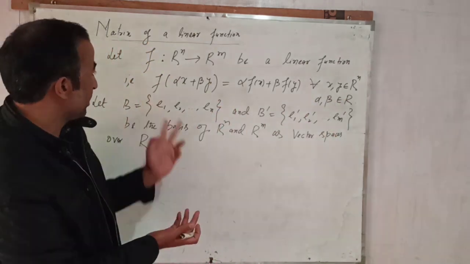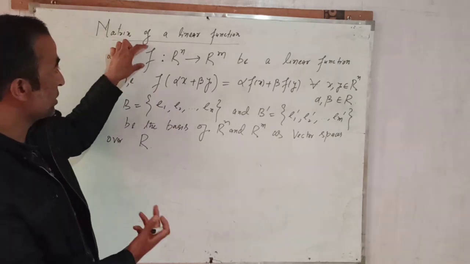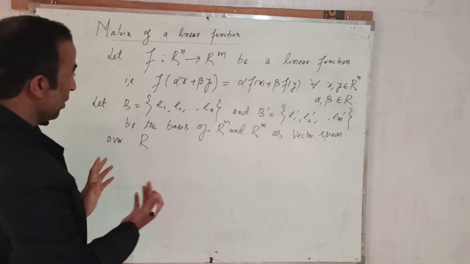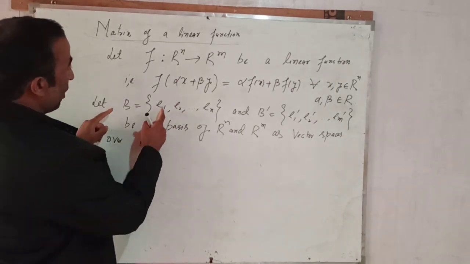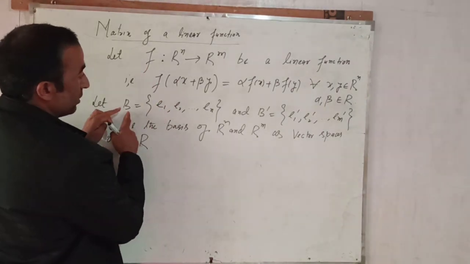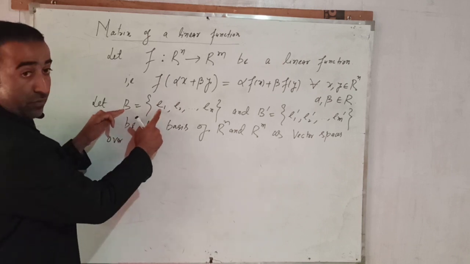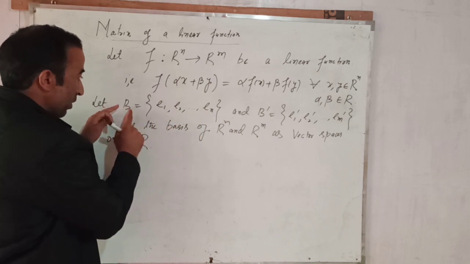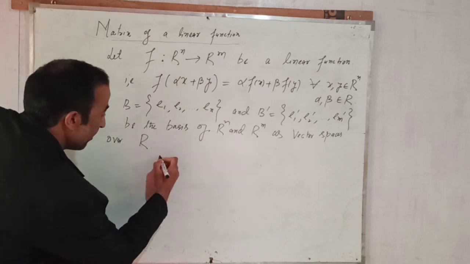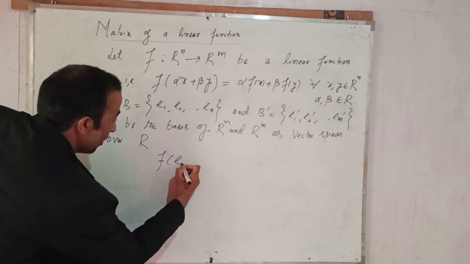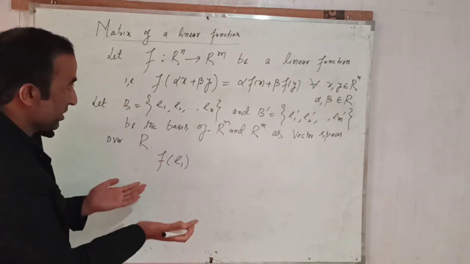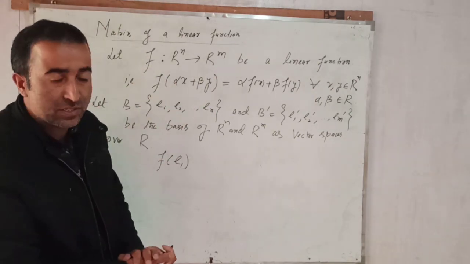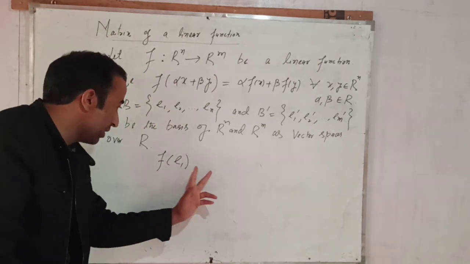Now what is the technique for constructing the matrix representation of this linear function f? We evaluate f at each point of the basis B. We calculate the image of e1, the image of e2, up to the image of en. When we calculate the image of e1, I get f of e1. When f is given explicitly by some formula, you can calculate the image explicitly.